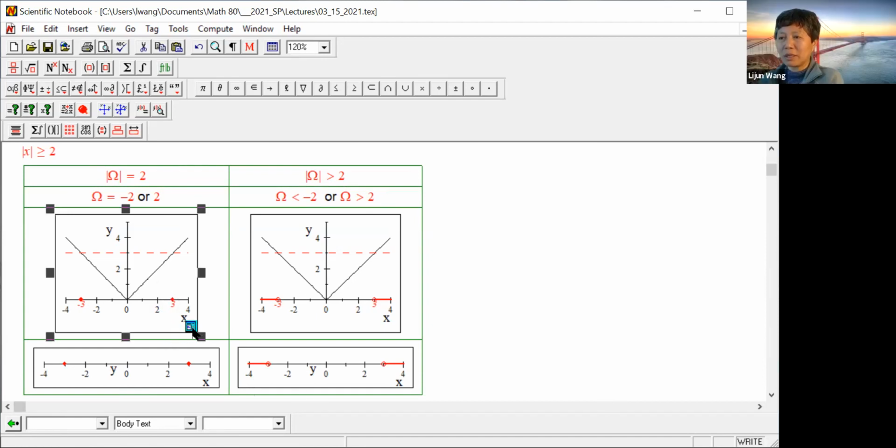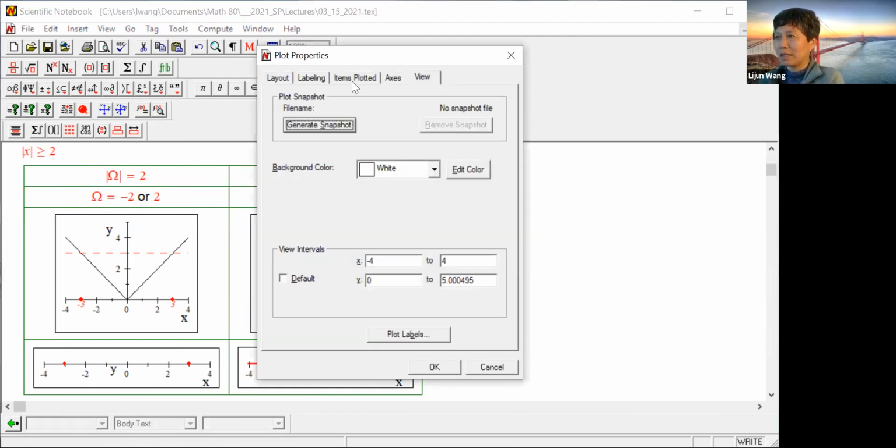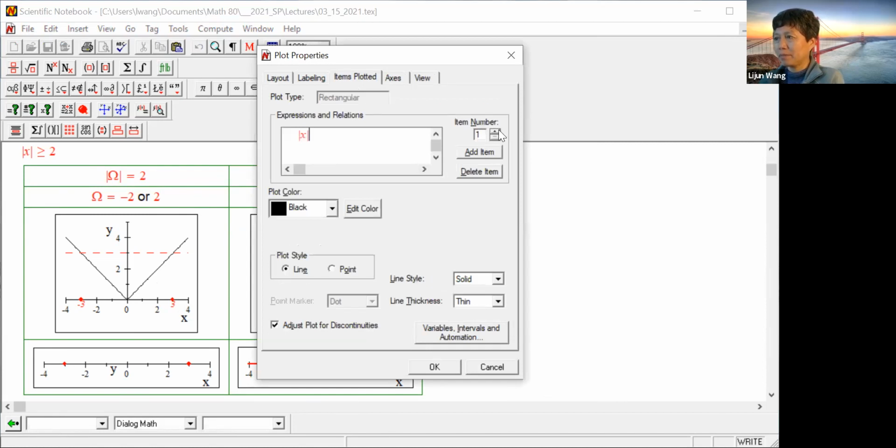And of course, I need to make some adjustment for these. And of course, that's going to take a little bit of time. Okay. But if I got the time, so this is going to be 2. And this is going to be 2.